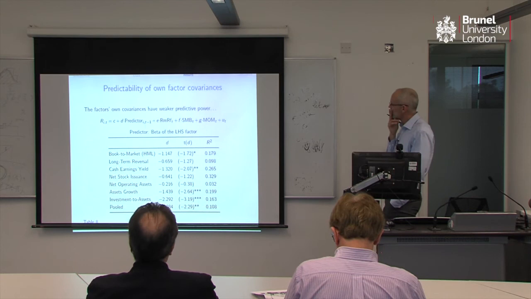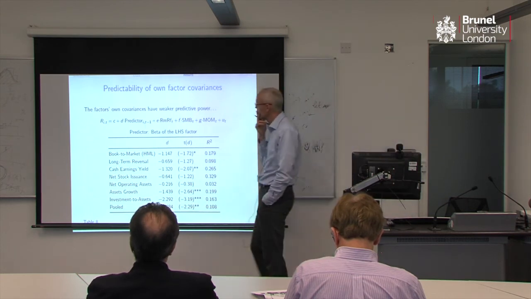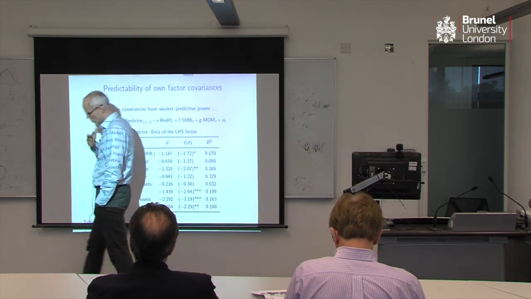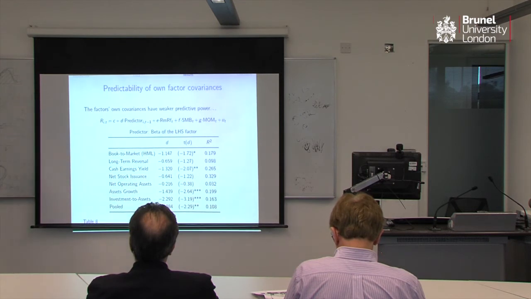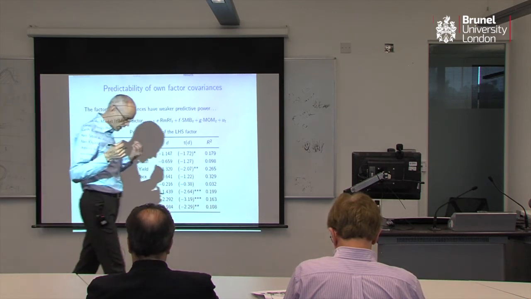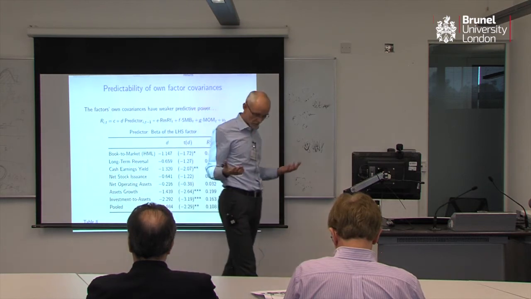So, as it turns out, it's not the factor's own covariance that does well in predicting its future returns. Recall what I've done here is I have these 7 factors.